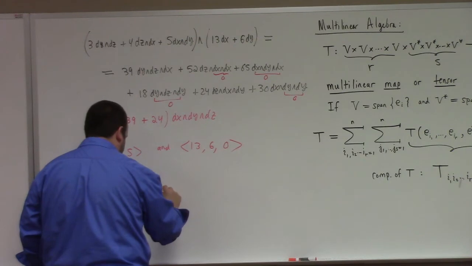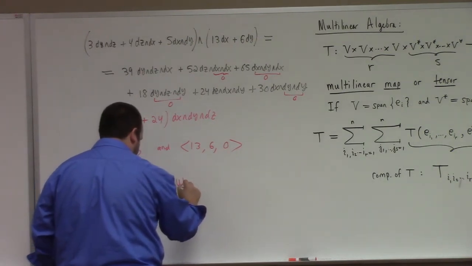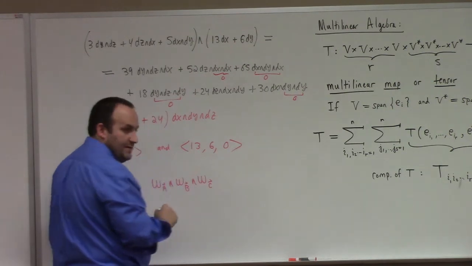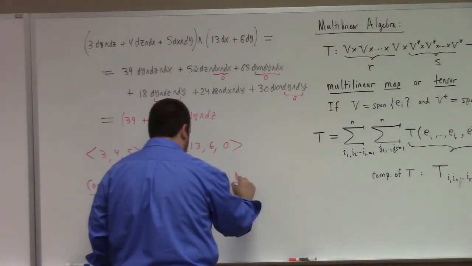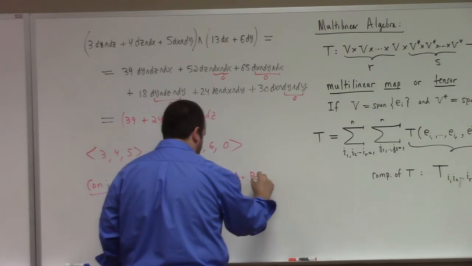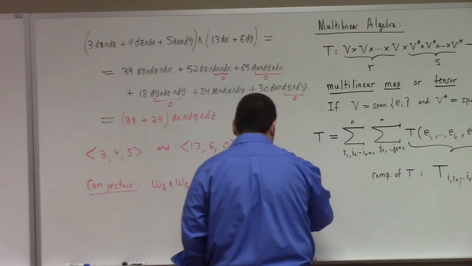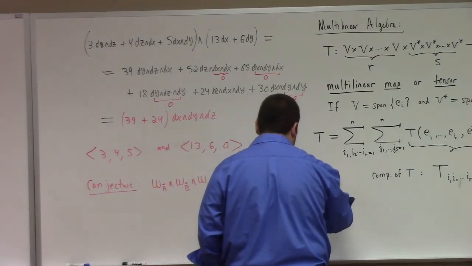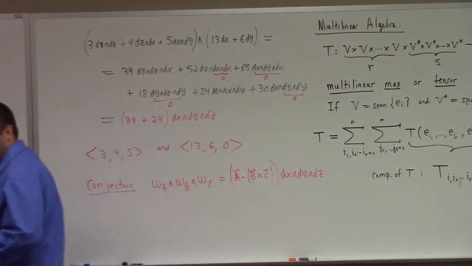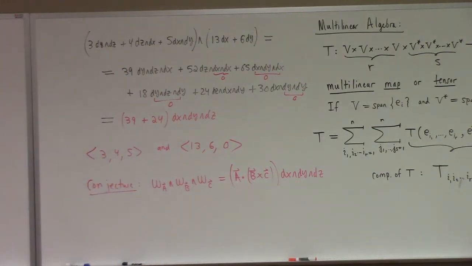If we take work form A, wedge work form B, wedge work form C, that is going to be equal to A dot B cross C, times dx wedge dy wedge dz. So the wedge product has the cross product built into it. It has the triple product built into it. These are beautiful results.